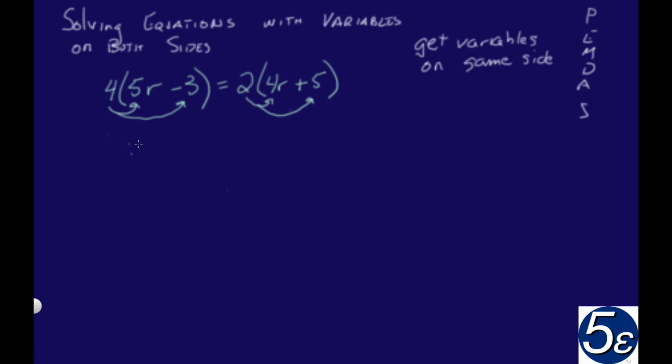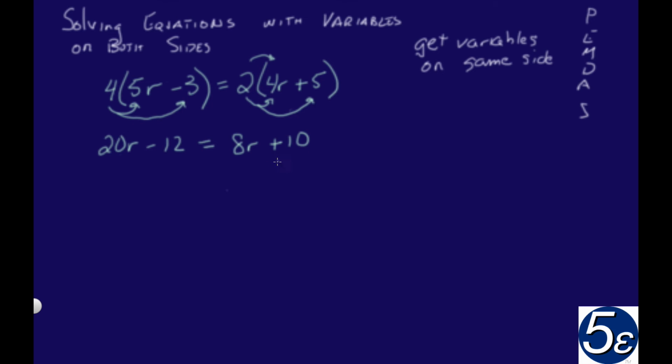And in this particular case, there might be an easier way to do it, but we want to go for how to do this in terms of the sequence of steps. So the first thing we do is we distribute in. And we end up with 20r minus 12 equals, and I'll do my distribution here, 8r plus 10.